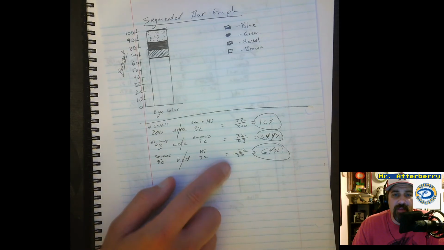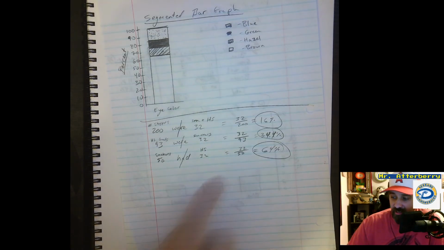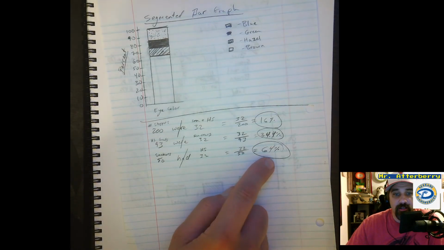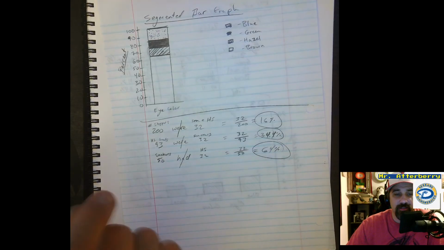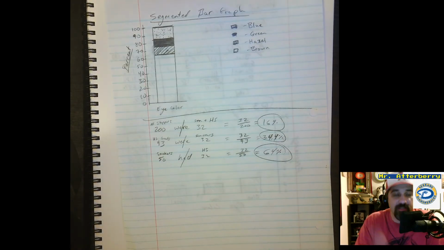So 32 divided by 50 gives us 64%. To answer that question, 64% of all smokers only completed high school but didn't complete any college, like 2-year or 4-year programs or higher. Okay, so that was September 1st.